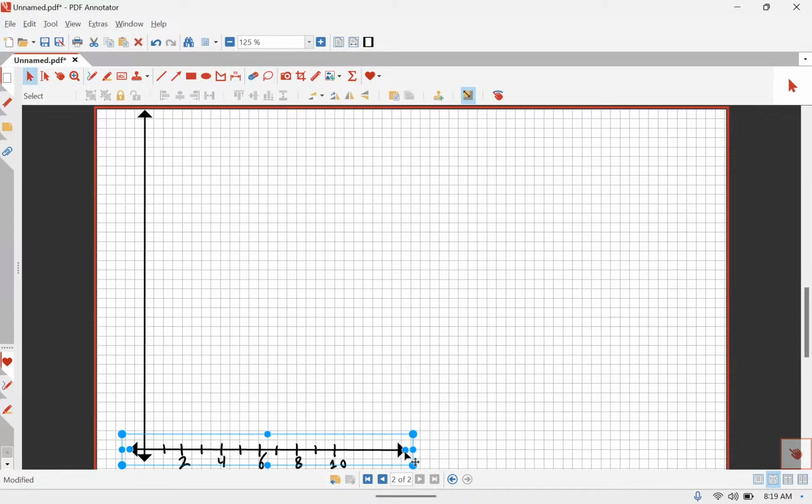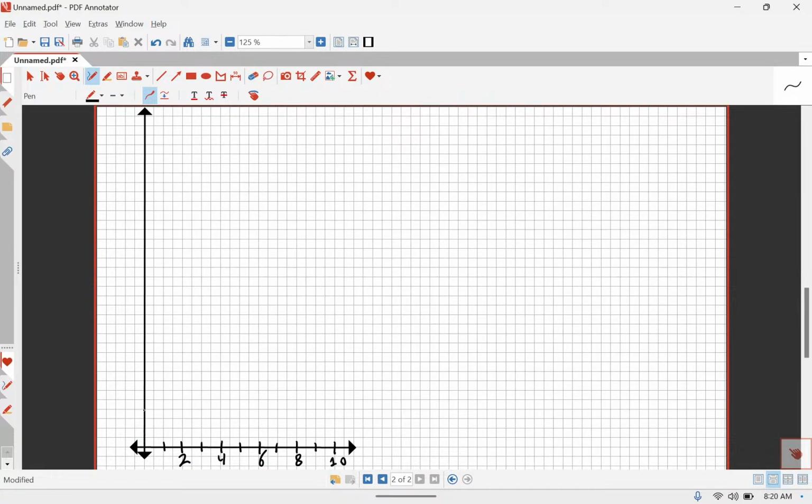Go ahead and make that coordinate plane for me, guys. I don't mind you chatting while you do it, but just make sure we're getting that too. 30, actually.